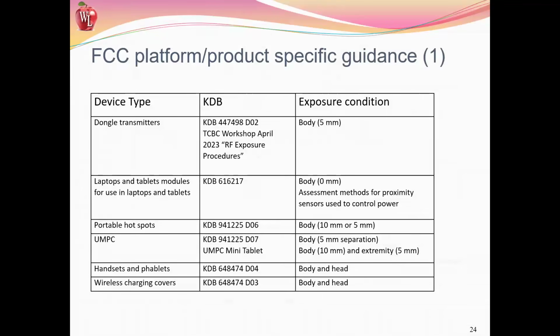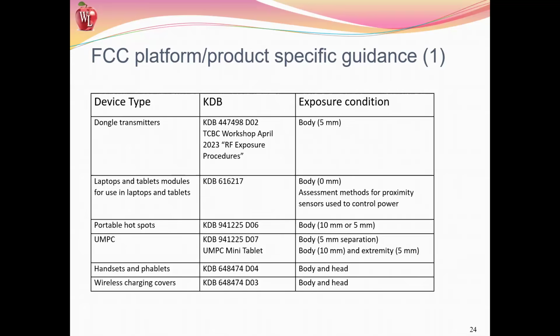And then there's product specific guidance. For example, dongle transmitters, there's a KDB and workshop information on your exposure condition, 5 millimeters from the body or whatever.